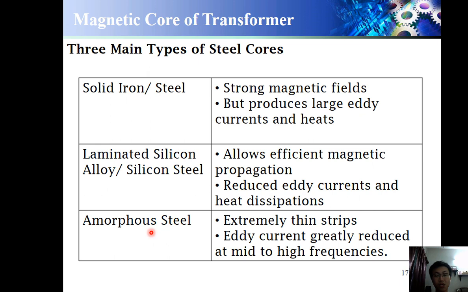Another one is amorphous steel, with extremely thin strips, and the eddy current is greatly reduced at mild to high frequency. The best one is amorphous steel, but it's very expensive and fragile. It's very easily broken. So usually we use a laminated silicon alloy or silicon steel instead of solid iron.